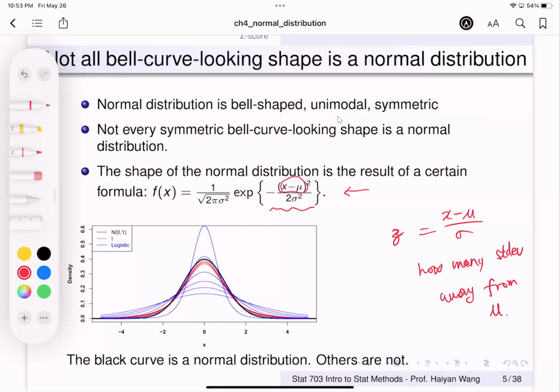On this plot here, you see some other distributions. They are not normal distributions, even though they are also symmetric, centered around 0. Out of this plot, the only one that is normally distributed is the one with the black colored curve. That's the standard normal distribution with mean 0 and variance 1. The blue colored one is the logistic distribution.